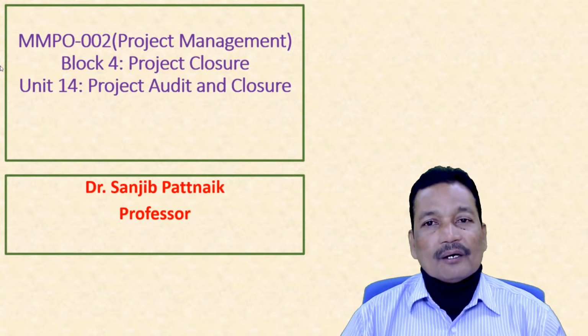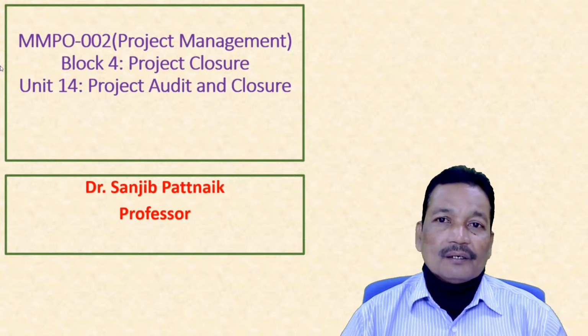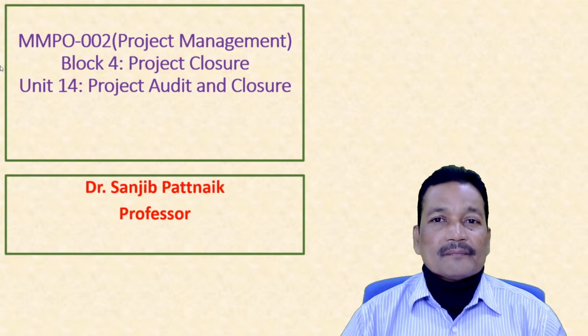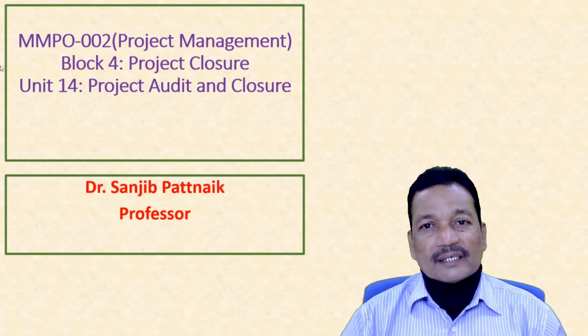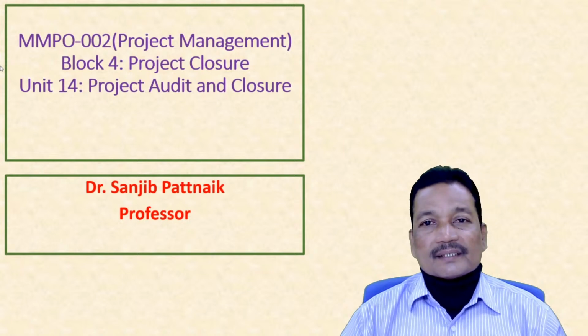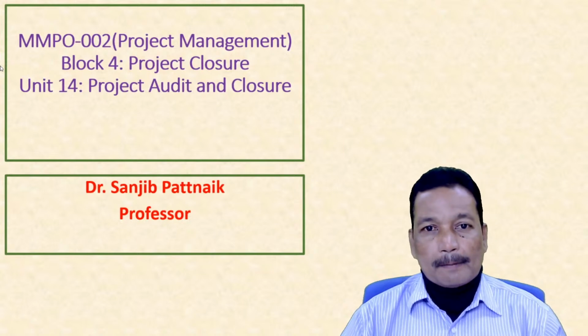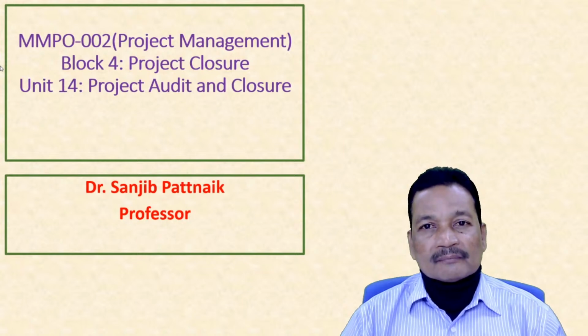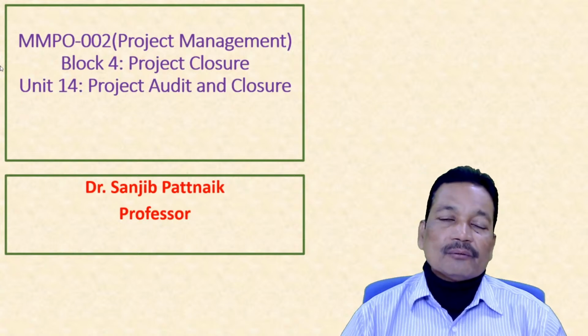They will try to form an opinion, either it is having a good impact or bad impact on the project's final objective. And they will try to suggest what kind of corrections we need to do.